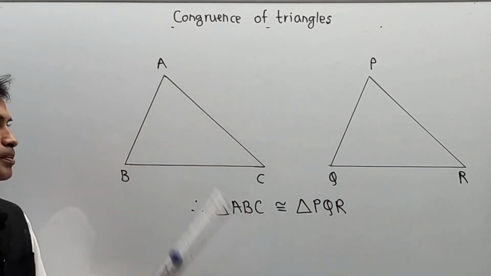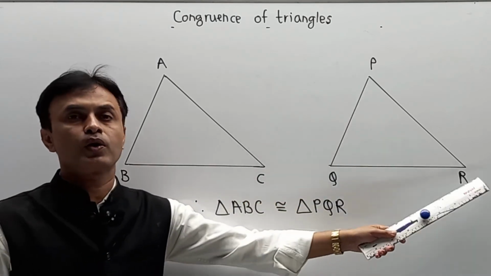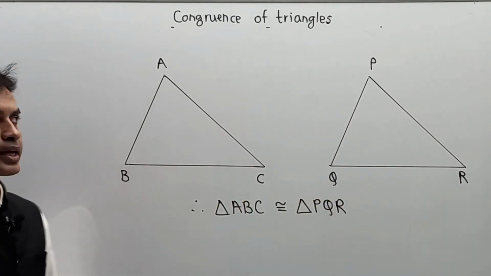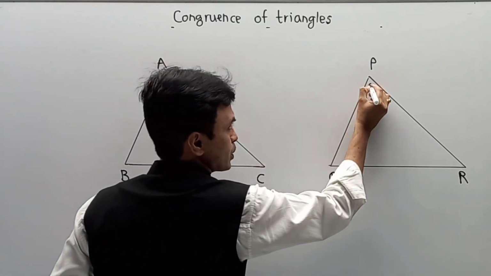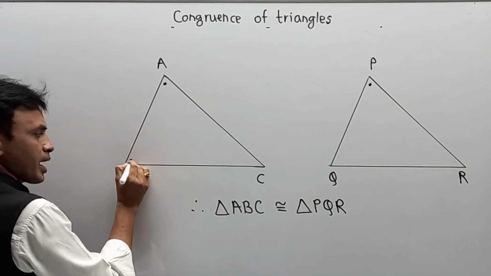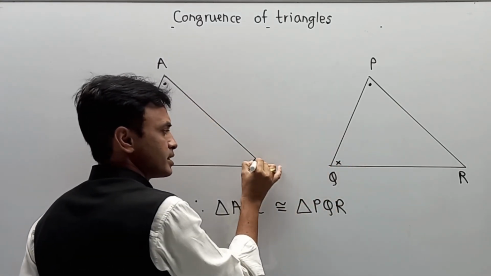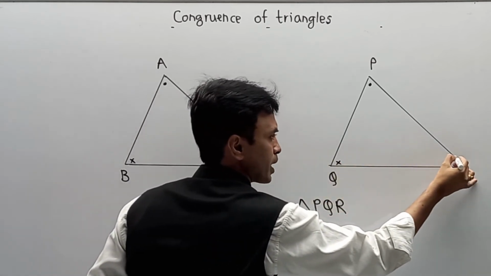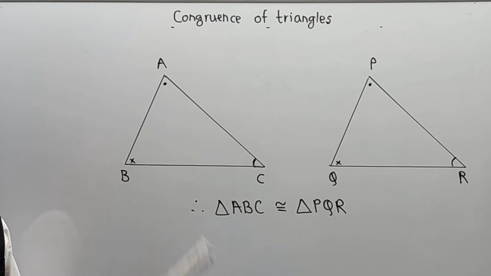In this case, all three angles of the first triangle are exactly congruent with all three angles of the second triangle. Means you can say angle A is congruent to angle P, angle B is congruent to angle Q and angle C is congruent to angle R. We can use different indications to show congruency.